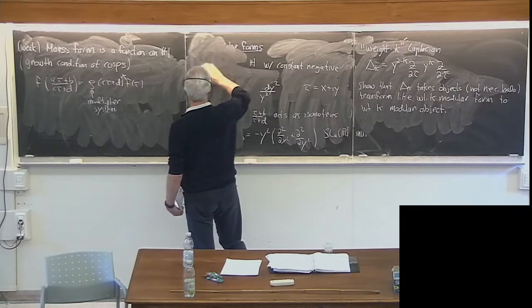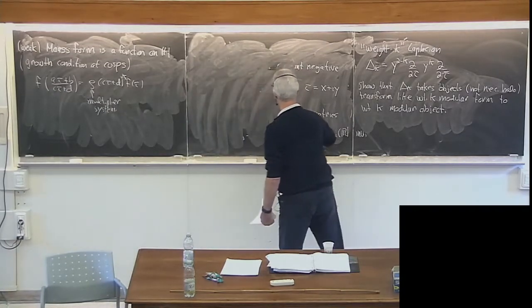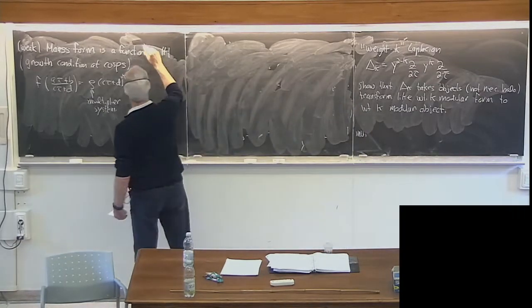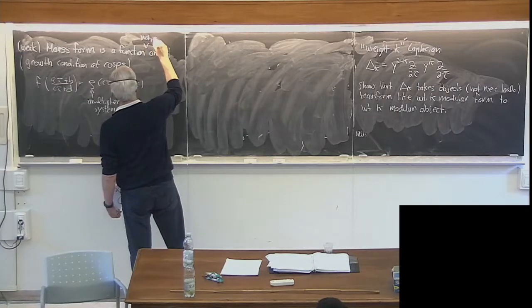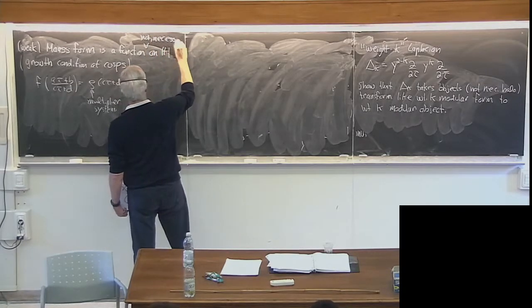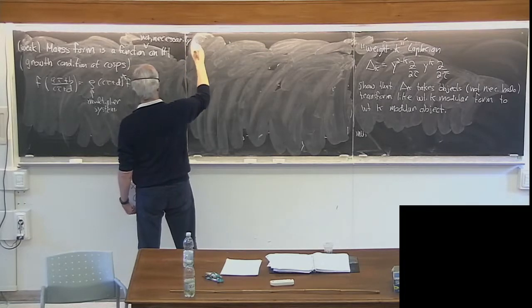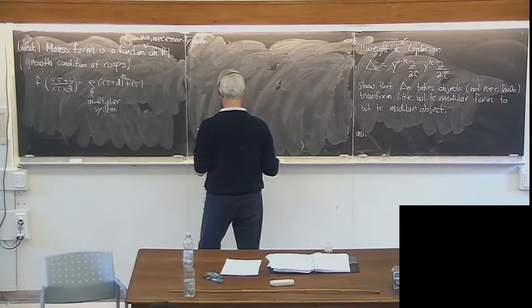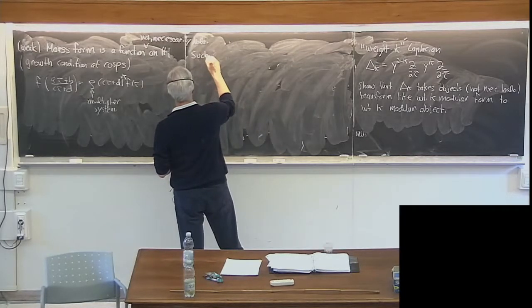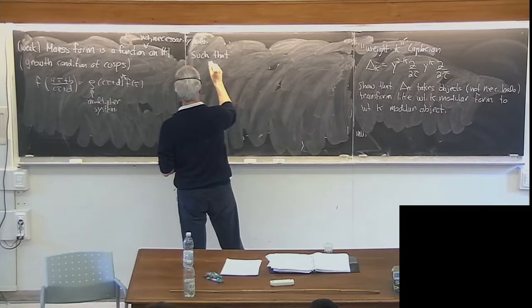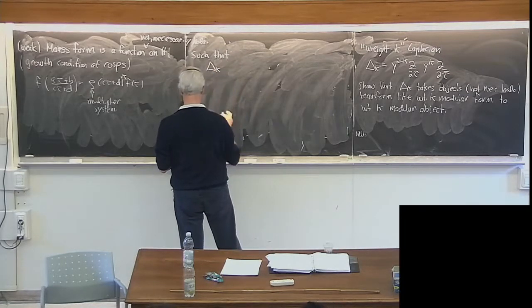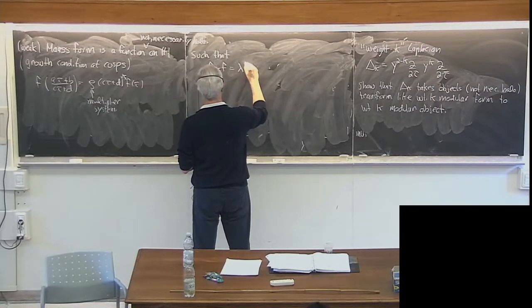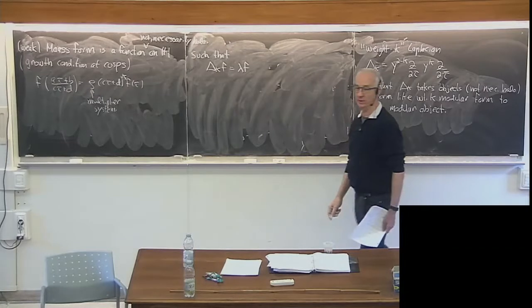I haven't said that it's holomorphic. In general, it's not holomorphic. So maybe I should say not necessarily holomorphic, such that this weight k hyperbolic Laplacian acting on f gives f back again up to some eigenvalue lambda.